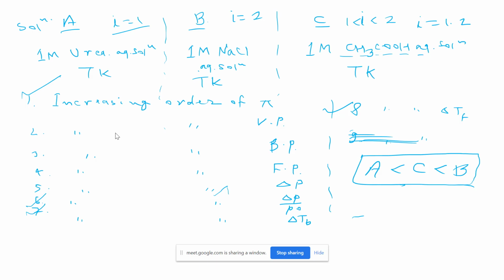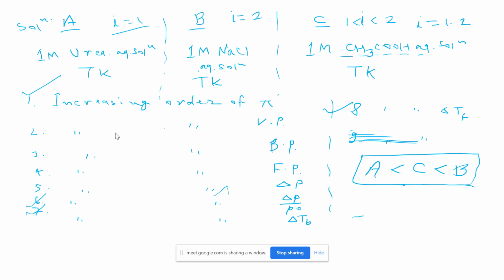actually what's happening on mixing a solute to the solvent, freezing point will decrease or not? It will. So when we mix more amount of solute, it will decrease more or less? It will decrease more. If it decreases more, then the final value will be minimum or maximum? It will be minimum. So this is the way you can determine.